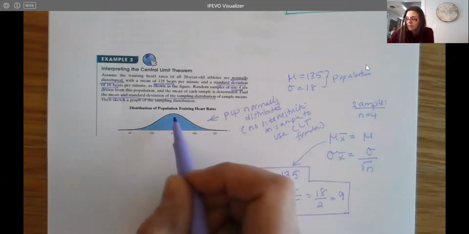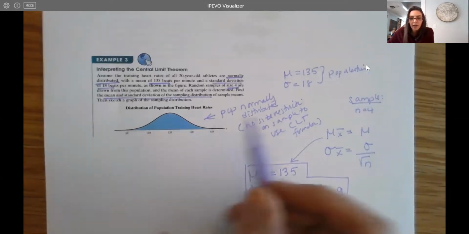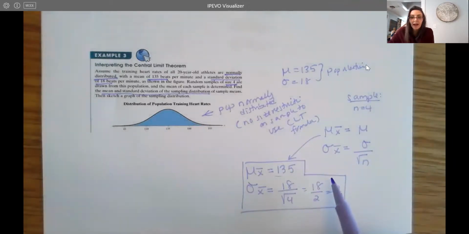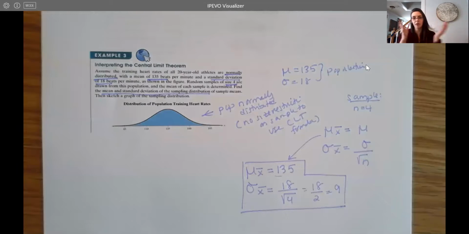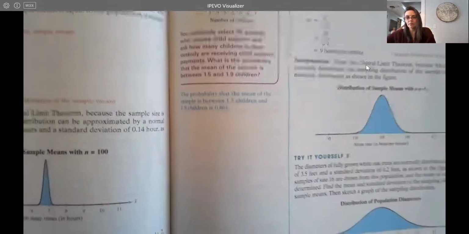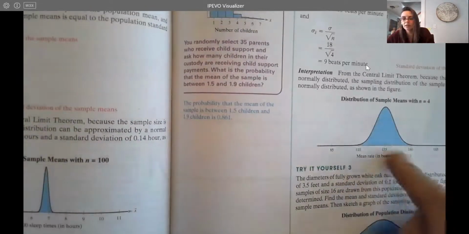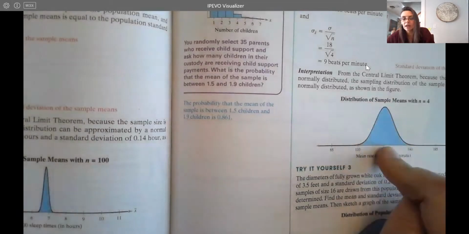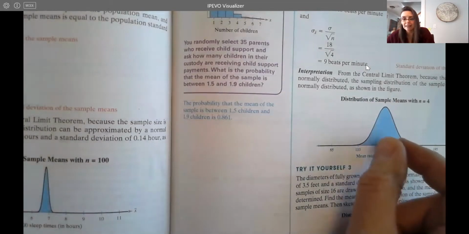So same mean, you're going to have the same center, but you're going from a standard deviation of 18 to 9, so it's going to be clustered tighter together. Your means tend to be clustered pretty tightly around that center compared to your original data. And I'll just show you that graph real quick in your text. I think that'll be easier for you guys to see. Okay, so it's just right over here. You can see that the center's at 135, and then your standard deviation is 9.